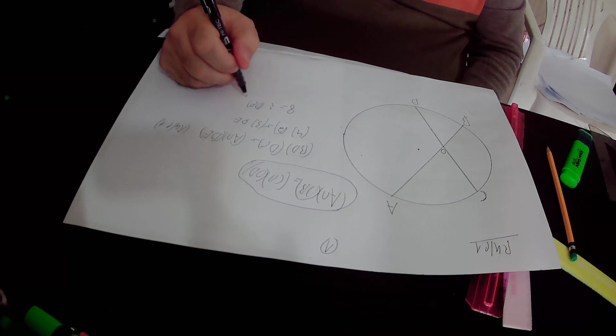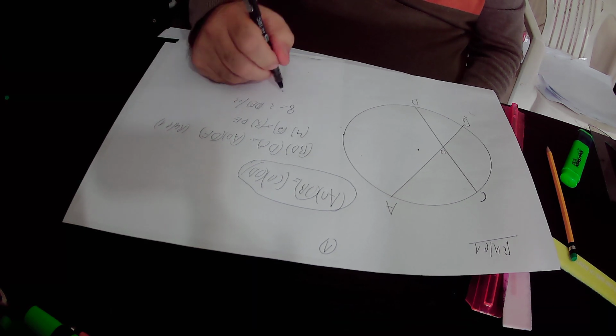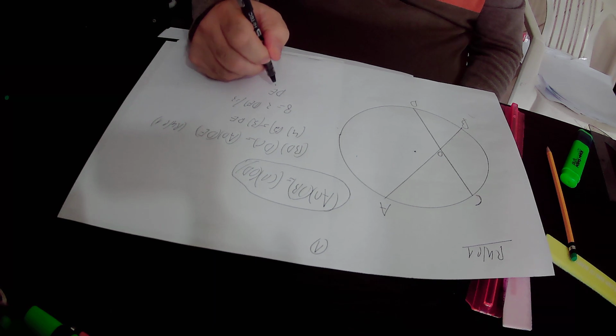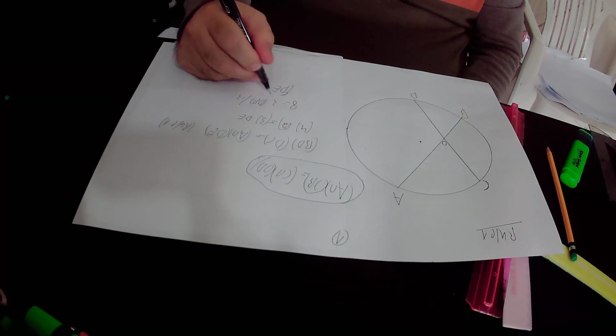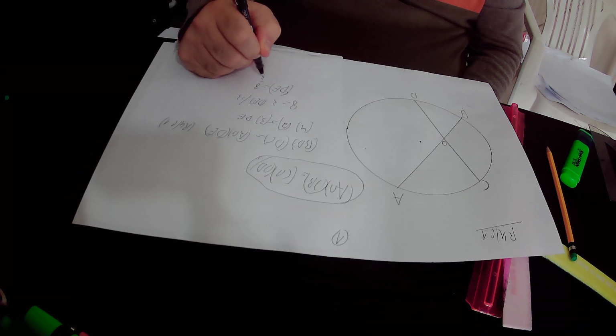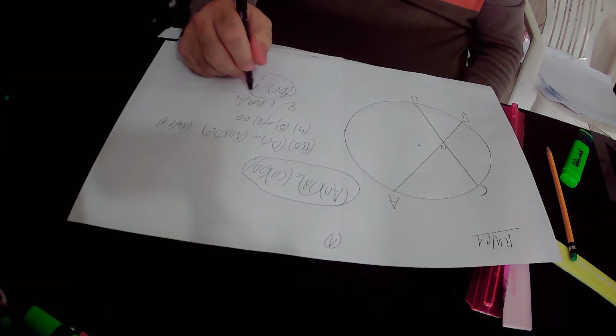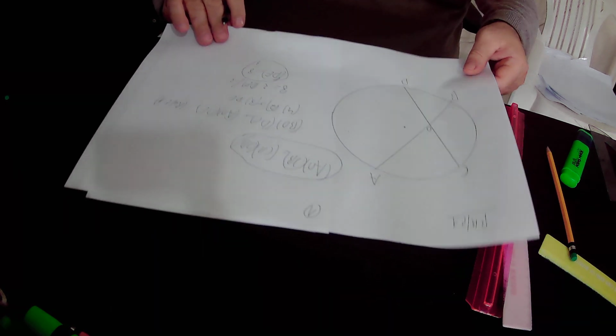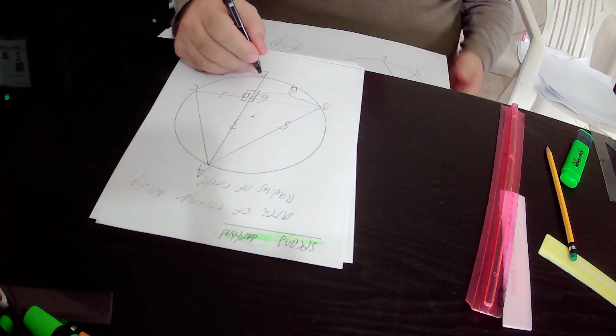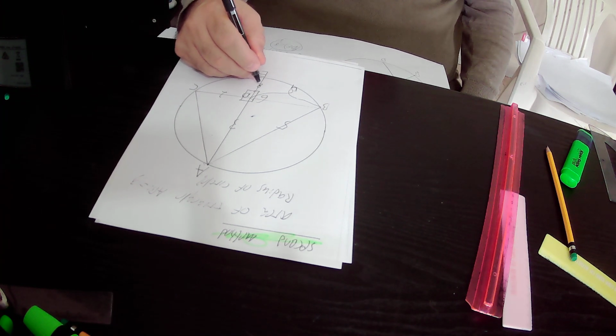Here we divide this equation by 3 and we get that the missing line segment DE equals 8 over 3 units. So here DE equals 8 over 3 units.